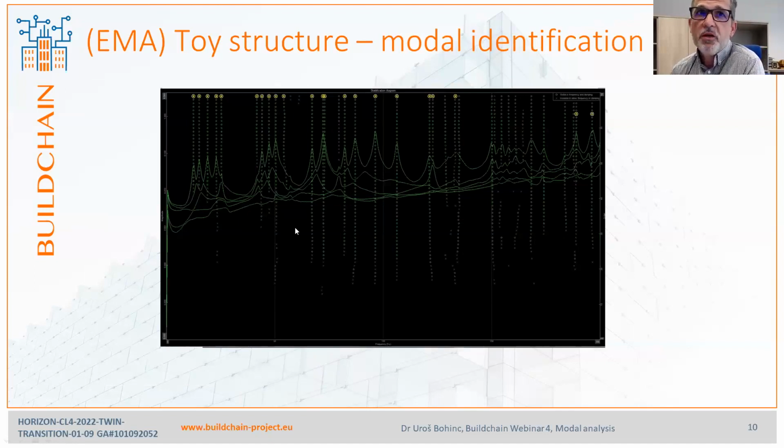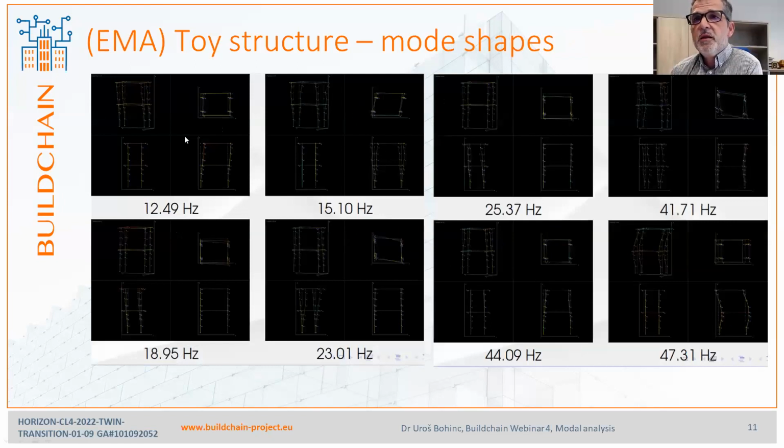The modal identification starts with inspecting the Fourier transform of the vibration signals. So you can identify in these signals some resonance frequencies where the structure responds with normal modes. Once you get these modes, then you can identify mode shapes.